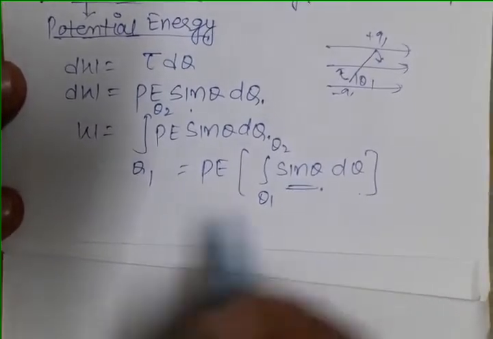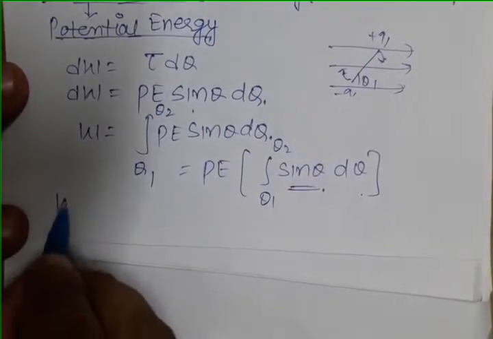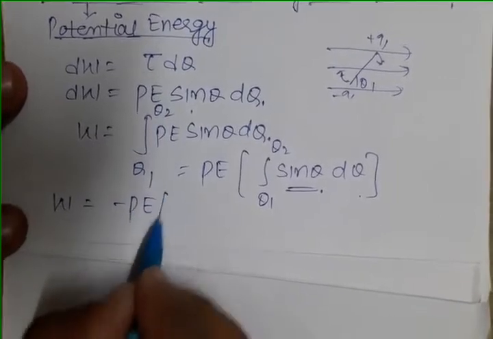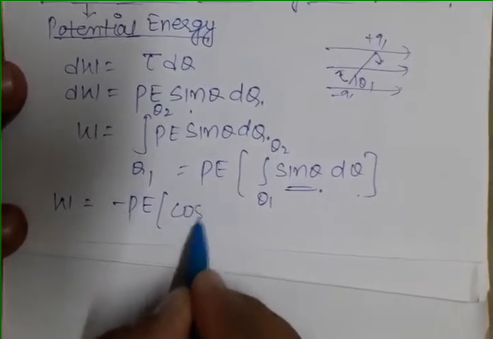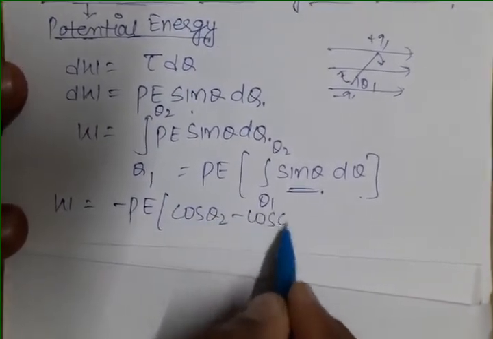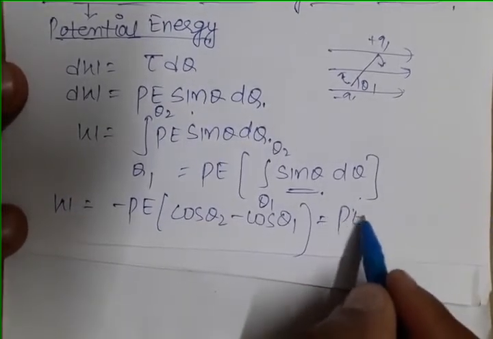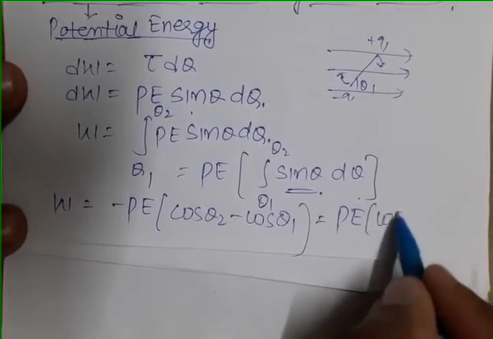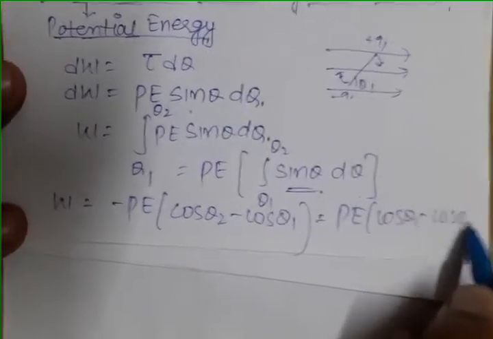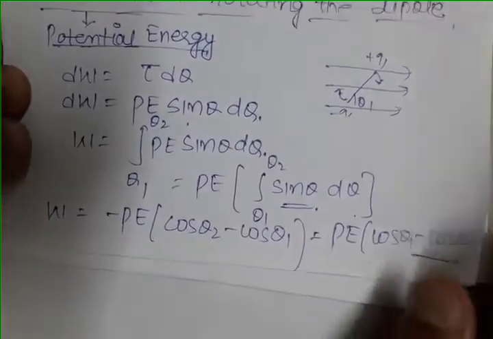What is the integral of sine theta? Very easy. The integral of sine theta is minus cos theta. Upper limit minus lower limit. So it comes out to be minus, or if we take the negative inside, it may be written as cos theta 1 minus cos theta 2. This work done is stored in the form of potential energy.